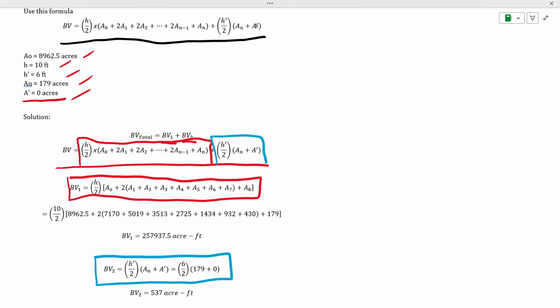If we substitute all the areas as well as the thickness, for the bulk volume 1, the answer will be 257,937.5 acre feet.